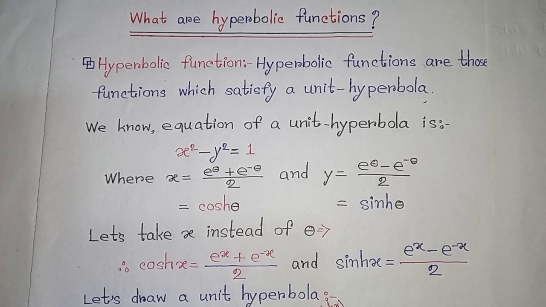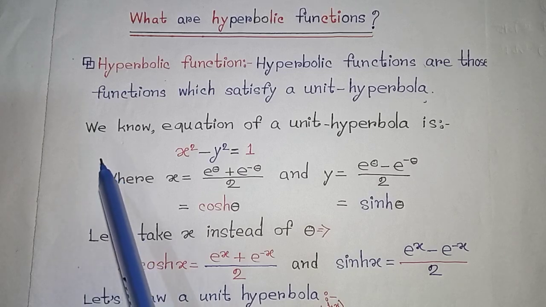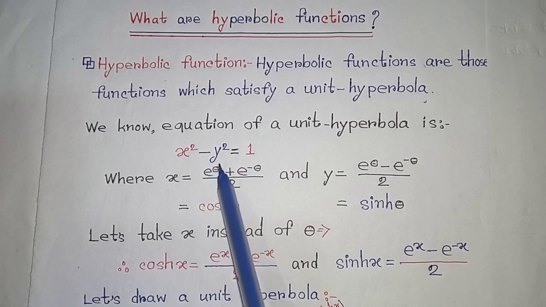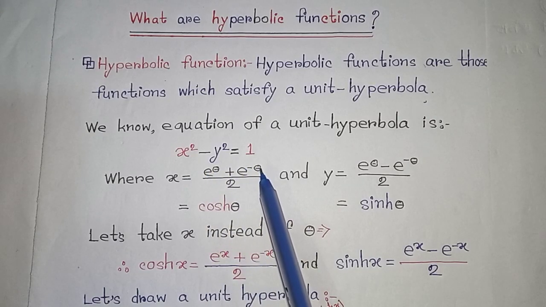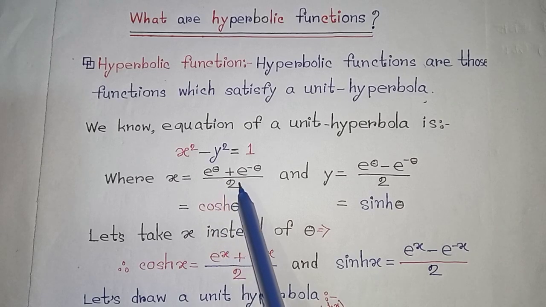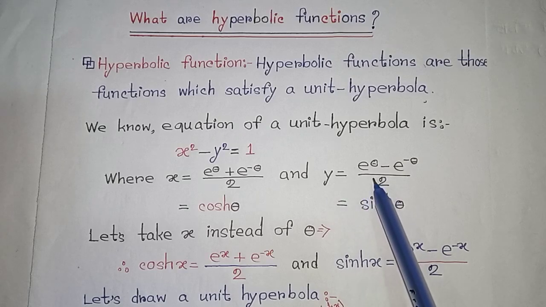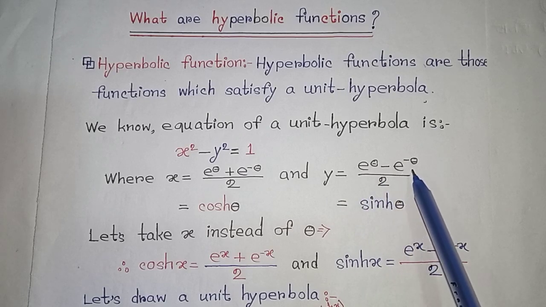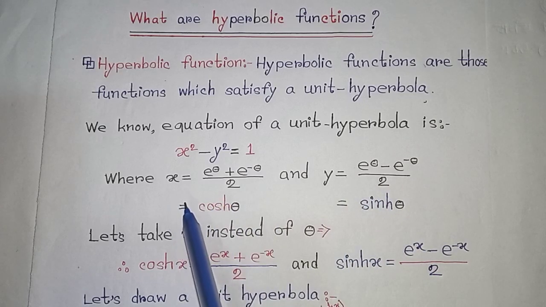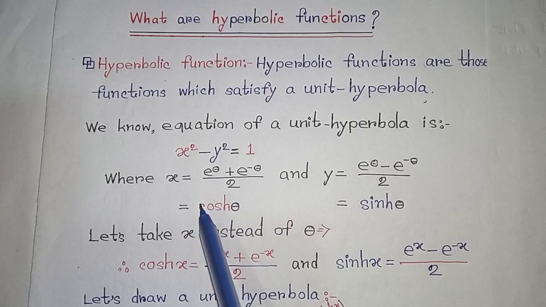We also know the equation of a unit hyperbola is x square minus y square is equal to 1. That's why I have written here, we know the equation of a unit hyperbola is x square minus y square is equal to 1, where x is equal to e to the power theta plus e to the power minus theta by 2 and y is equal to e to the power theta minus e to the power minus theta by 2. So what does it mean?